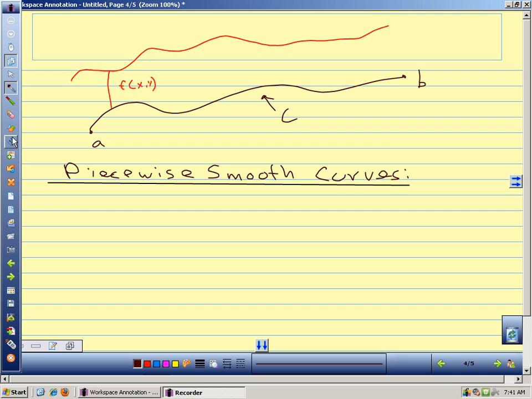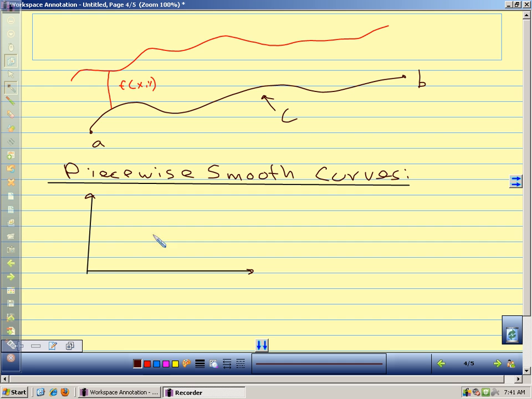So a piecewise smooth curve would be something like this.